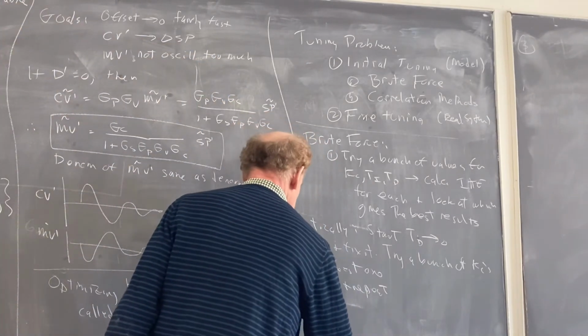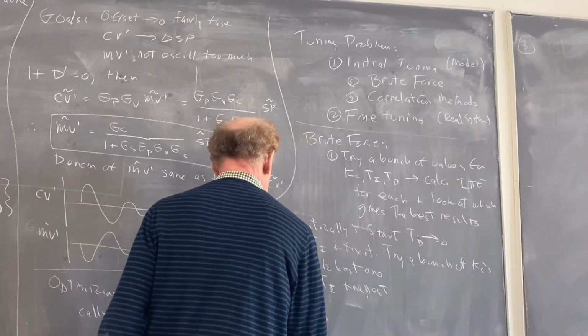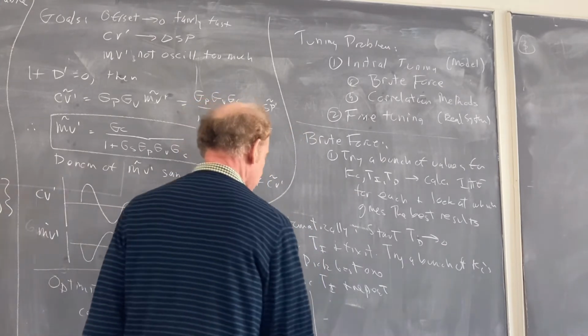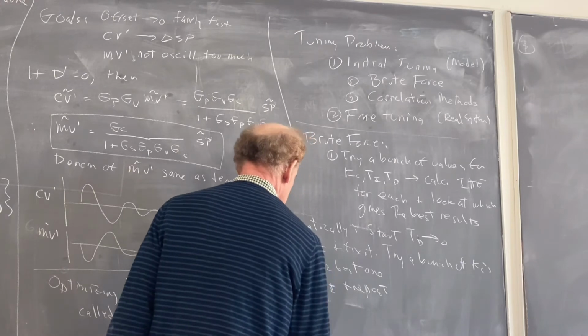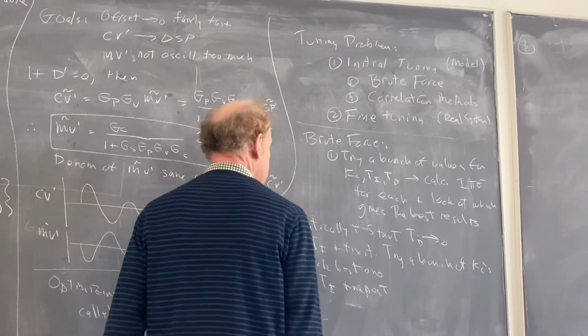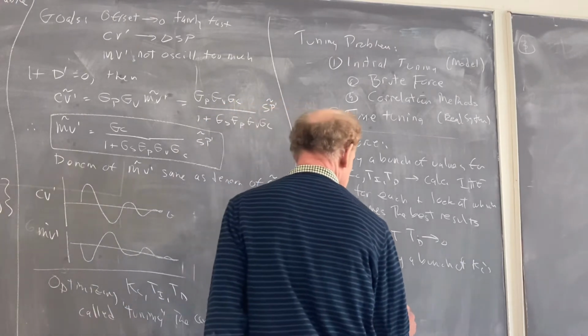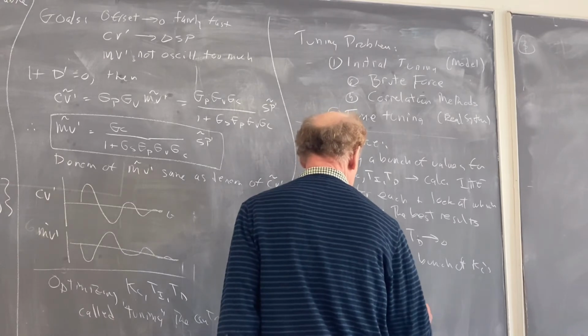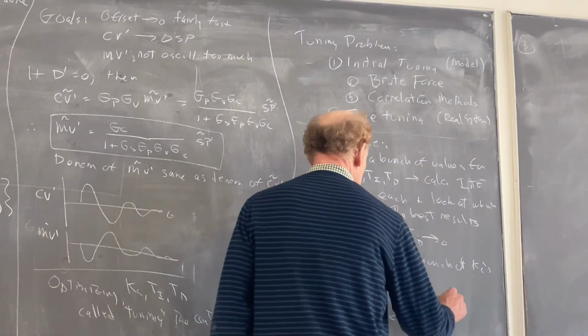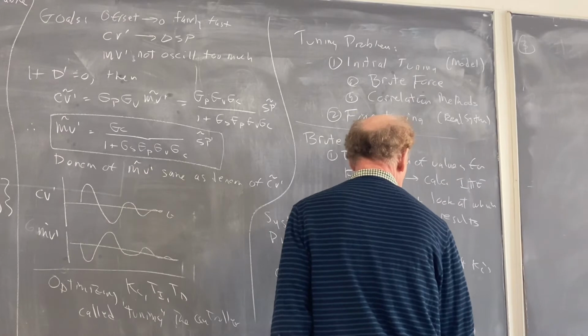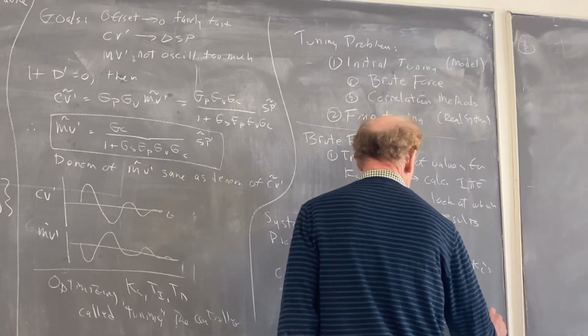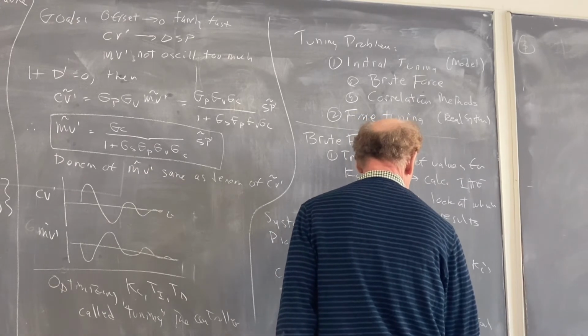So here you have KC, and here you have Ti. Or maybe the other way around, Ti and KC. And you try to plot these curves of constant IAE.